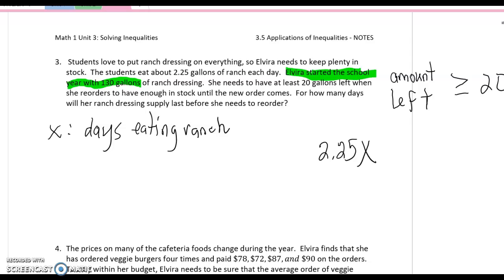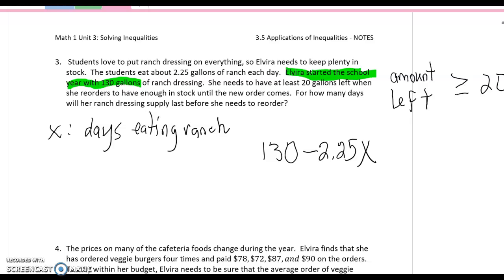So now we're going to look at the part of the word problem that says that Elvira started the school year with 130 gallons of ranch. So she started with that. How does that fit in with our other expression? Well, if she started with 130 gallons and the kids are eating 2.25 gallons per day, this is how we put those together: 130 minus 2.25x.